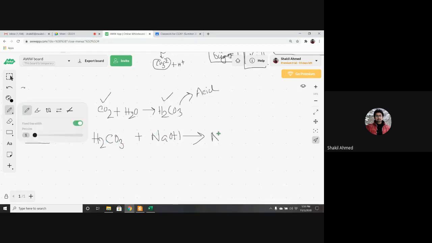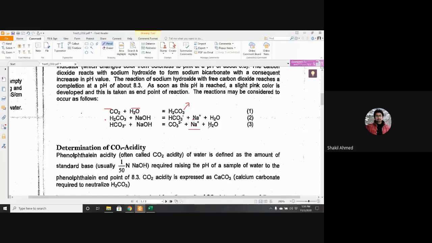So sodium bicarbonate and water. And the bicarbonate actually remains in this form: sodium ion and bicarbonate ion. So that's what they have mentioned here. And this bicarbonate can again react with more sodium hydroxide to produce carbonate ion.